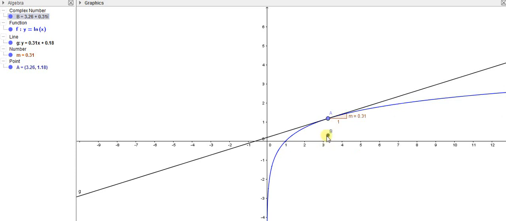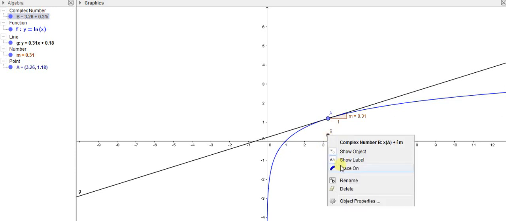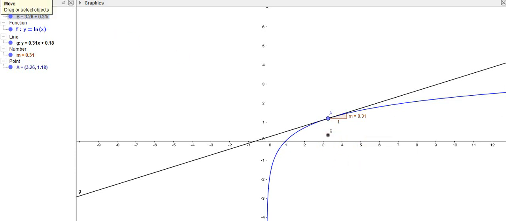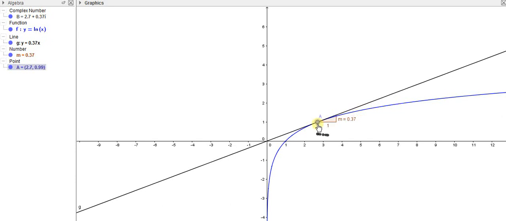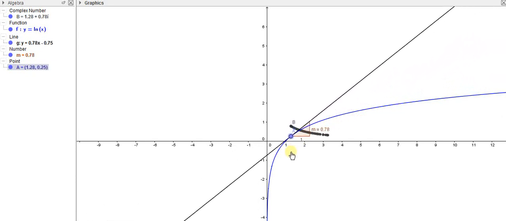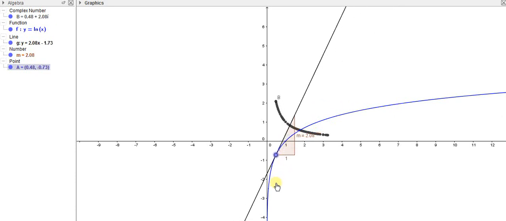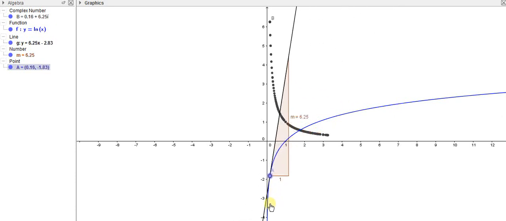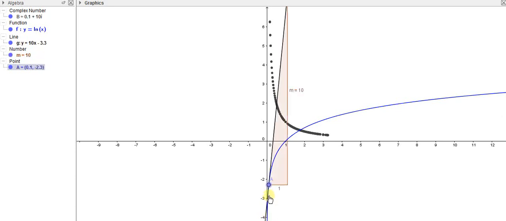There goes the point B. Let me turn on the trace for this point. Now I will try to move this point A on this graph, and you can see the path of the point B in gray color. As I move this, the slope goes higher and higher and higher, right?